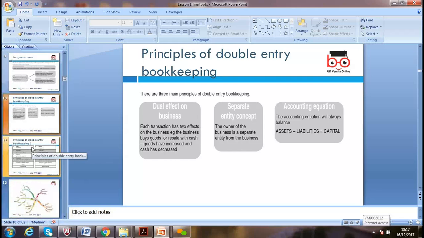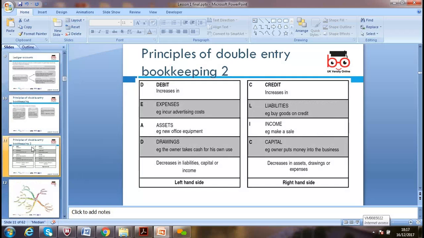Okay, next we're looking at the principle of double entry bookkeeping. To remember it simply, we use the abbreviation DEAD CLIC. D stands for debit, increase in debit. Expense: when expenses increase, we debit in accounts.